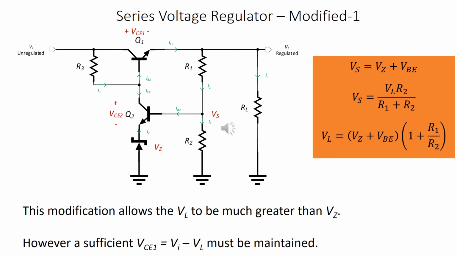Once you find the load voltage, you add VBE of Q1, and you can find the voltage at the base. So the current through R3 is Vi unregulated minus VB of Q1 divided by R3. We will see the calculation in the next slide.